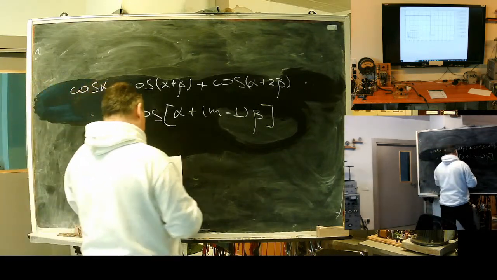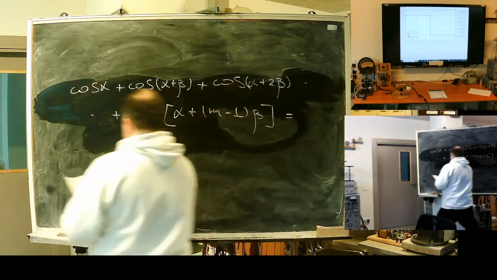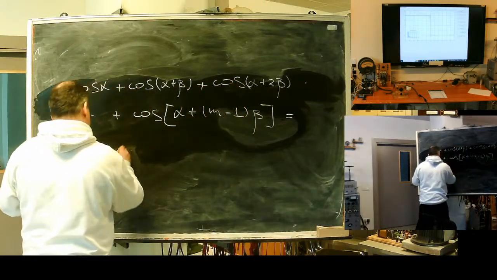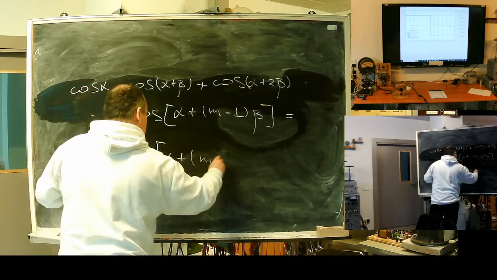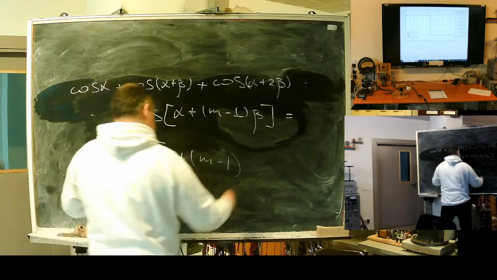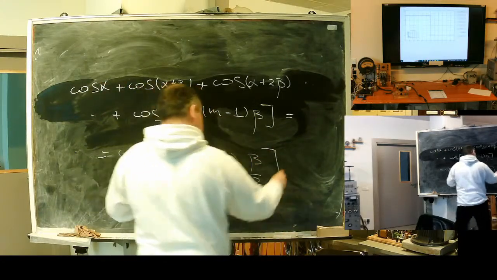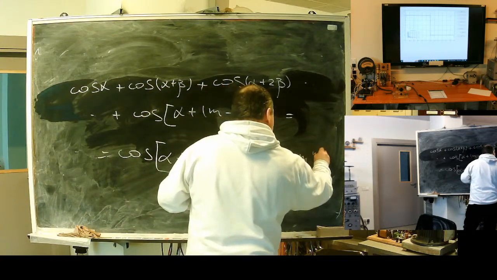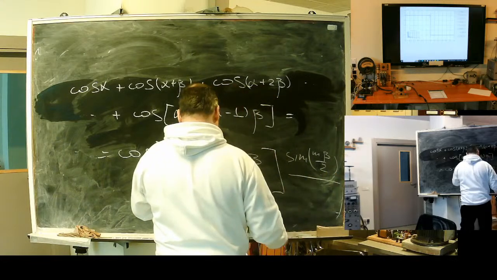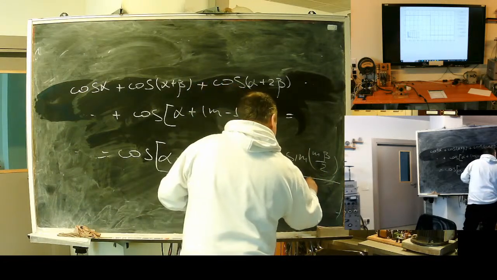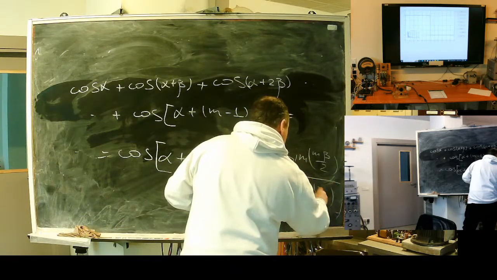And this real part equals cosine of (alpha plus (m minus 1) beta divided by 2) times sine of (m beta divided by 2) divided by sine of (beta divided by 2).